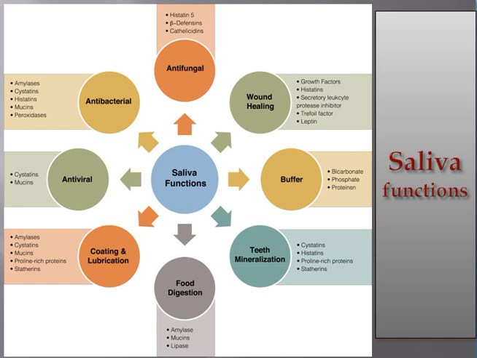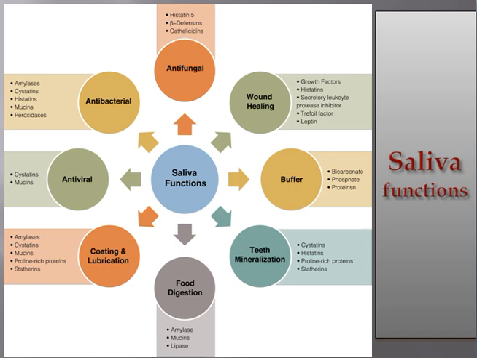Saliva is a buffer, and mineralization and demineralization are functions, especially important when permanent teeth erupt. Also food digestion, coating and lubrication, and of course antiviral components inside the saliva.